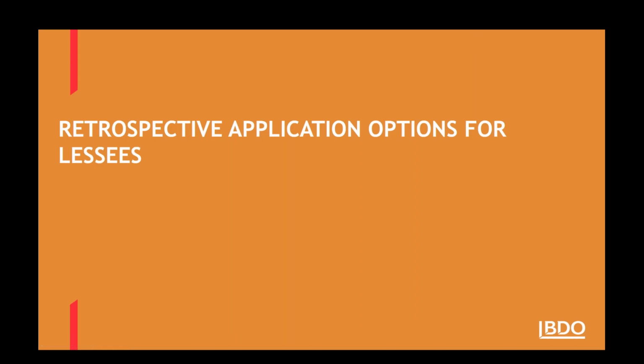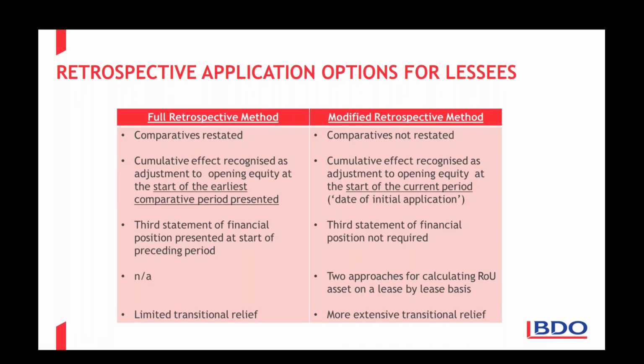If we look at the retrospective application options for lessees, and the focus, as I said today, is on lessees, because the biggest change is for lessees. So if you have to apply AASB 16 for the first time for years beginning on or after 1 January 2019, how are you going to do it? Now, it's a little bit confusing because the standard says there are two retrospective application options.